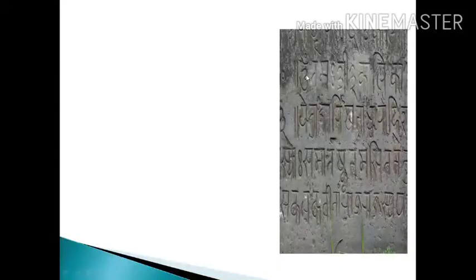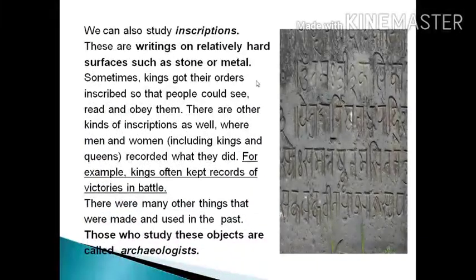Next source we can find is inscriptions. You might have seen rocks and pillars with things written over them this way. Those are known as inscriptions. Generally, inscriptions are the writings on very hard surfaces such as stone or metal.